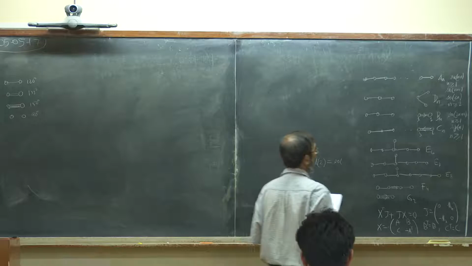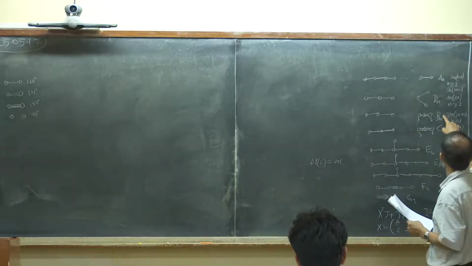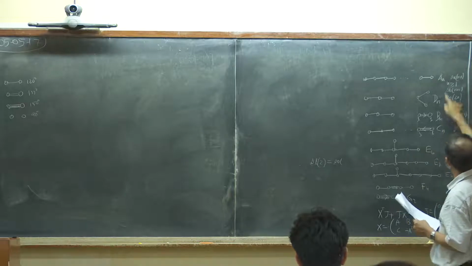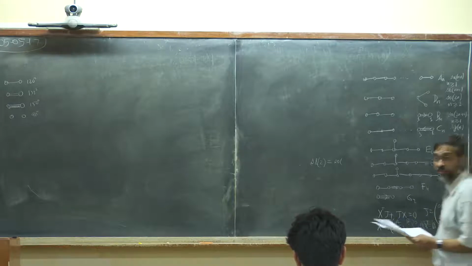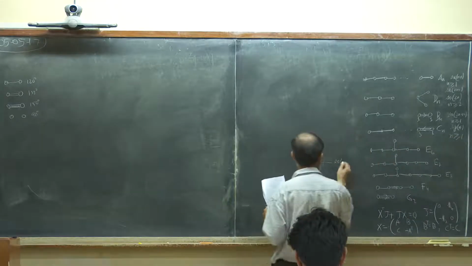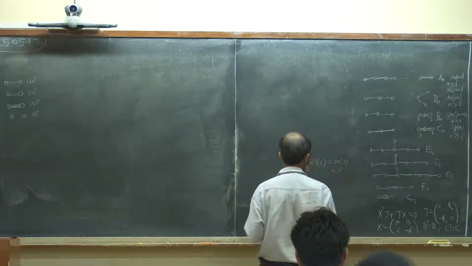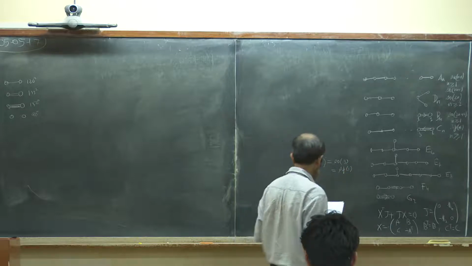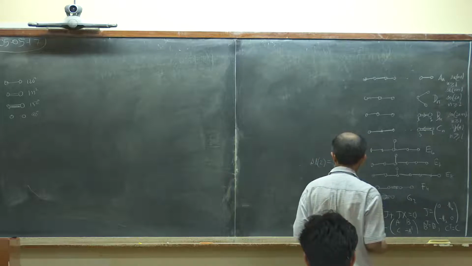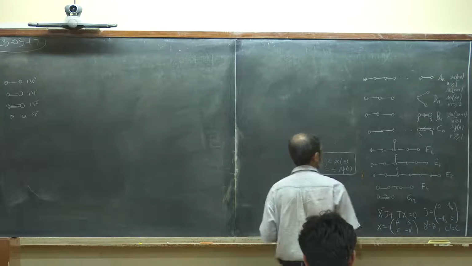There's another place where you can have a single blob, and those are indeed the same. SO3, this we already know, is the same as SL2, and this is SP1. One can show that this equality is true.